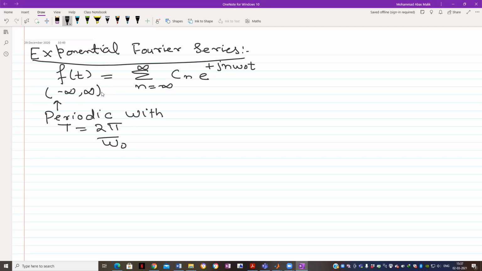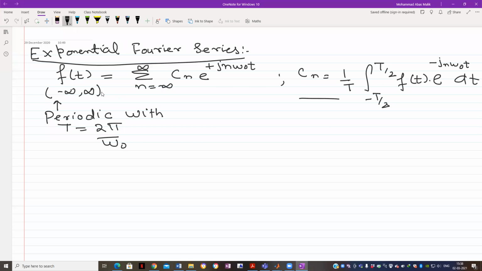And the value of Cn will be given as Cn equal to 1 by T, integral from minus T by 2 to T by 2 of f of t into e raised to the power minus j n omega naught t dt. This is your value for Cn, and this is your f of t. Done? Yes, sir. Anybody having any doubt, please tell me till now.